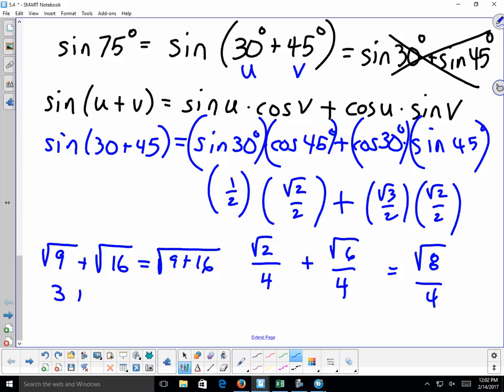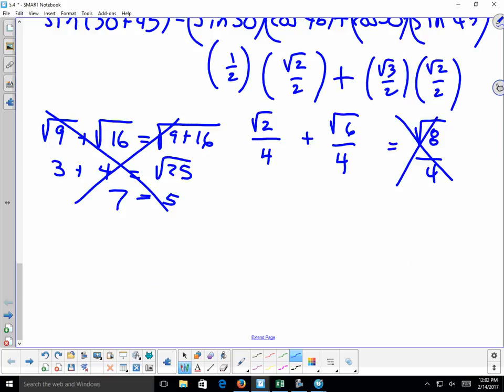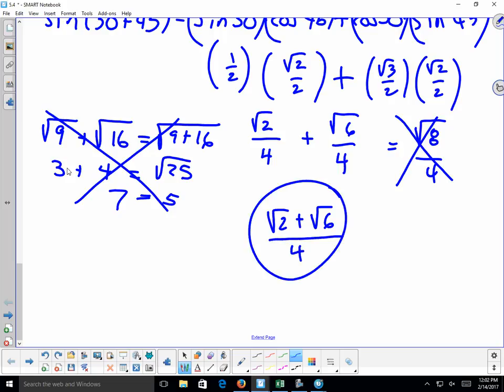No. Square root of 9 is 3, square root of 16 is 4, so 7. This is square root of 25, which is 5. 7 does not equal 5. So we can't do that. All we can do to give our exact answer is write it as one fraction. Are we okay with this?